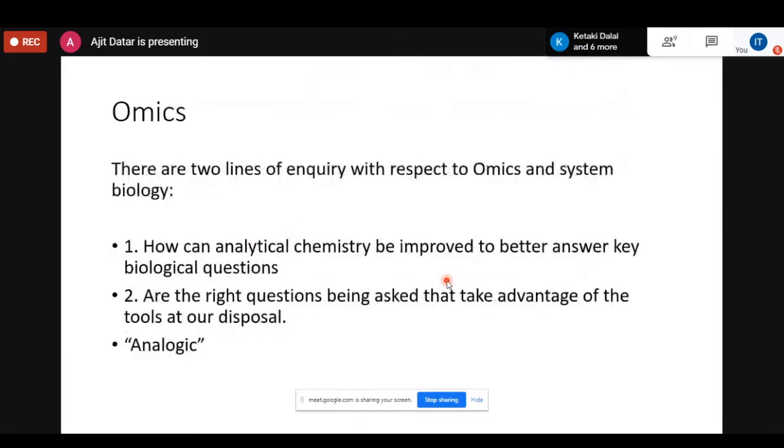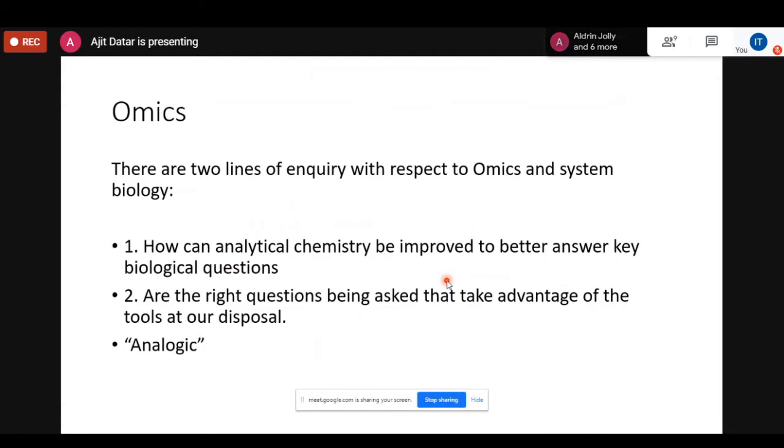Well, there are two lines of inquiry with respect to omics and system biology. One is the question which we can ask: how can analytical chemistry be improved to better answer key biological questions? And are the right questions being asked that take advantage of the tools at our disposal? So if we can answer these two questions, we will be able to solve many problems.